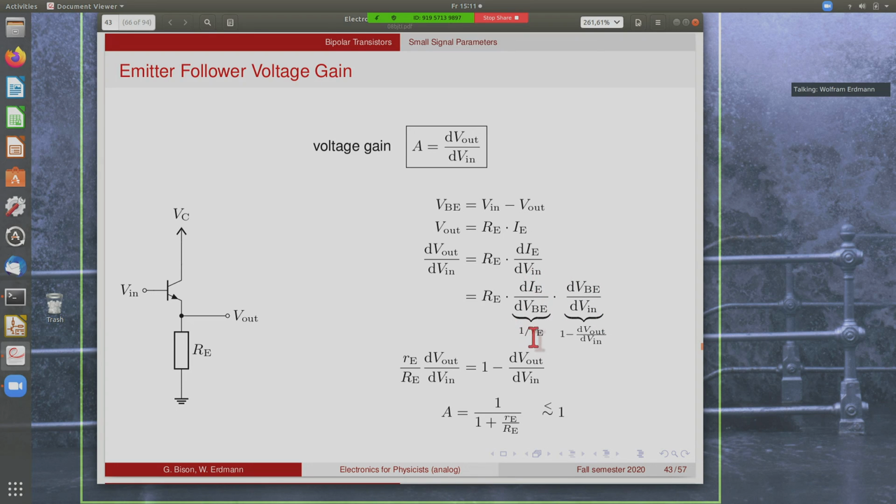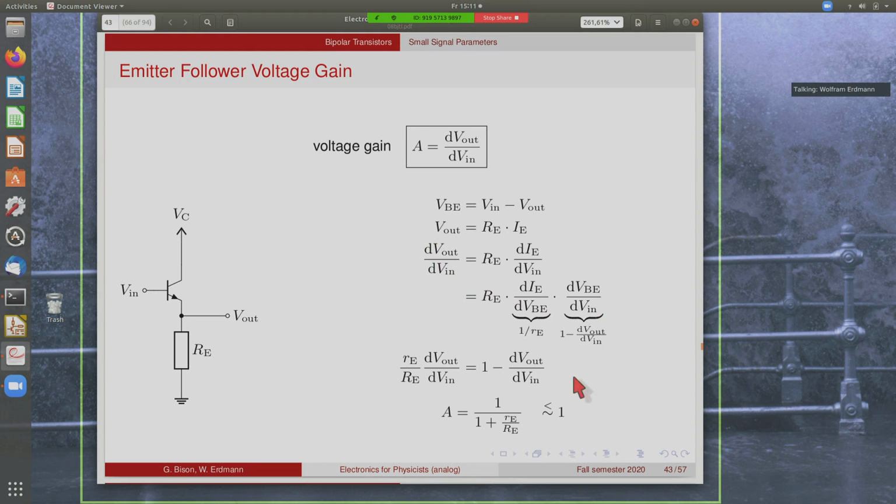This we had on the previous page is simply 1 over the emitter resistance, and this is, using this identity here, 1 minus the derivative of the output voltage with respect to the input voltage, which is the amplification that we're looking for.